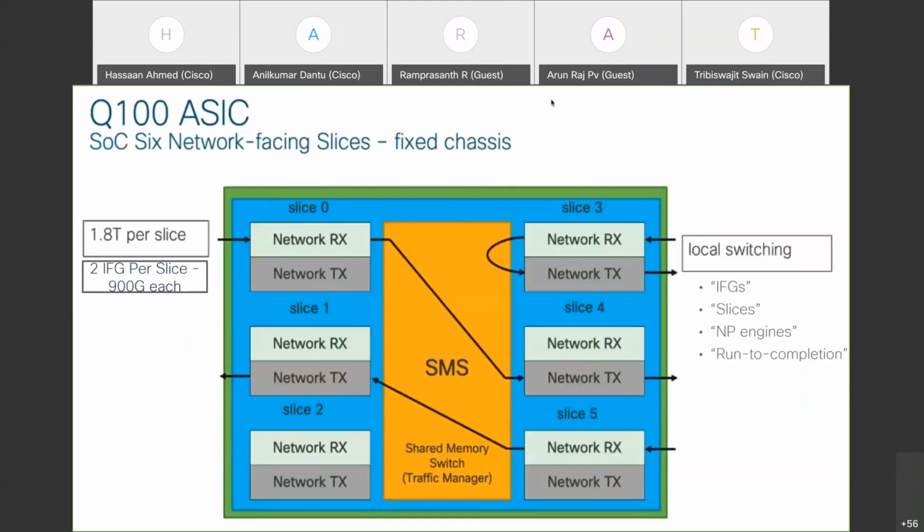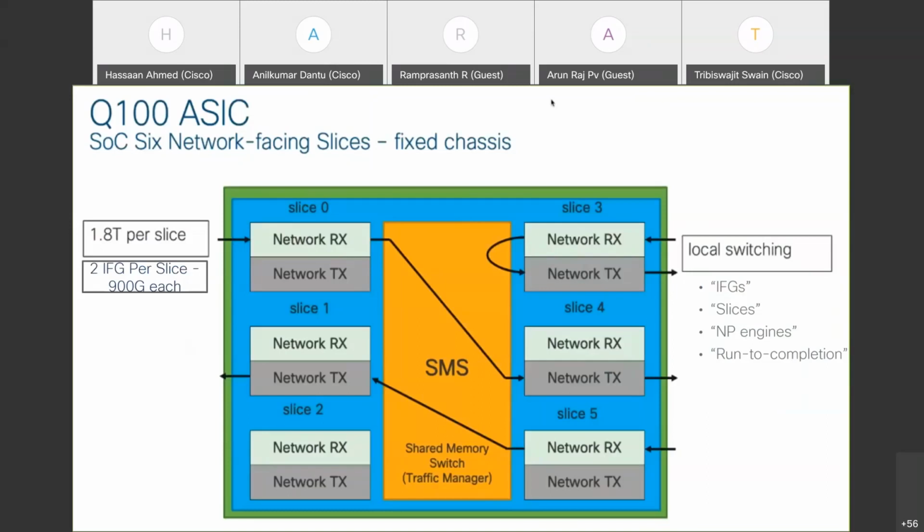So coming to one important point with regard to the ASIC. This is an ASIC diagram with regard to system on a chip. Okay, so typically on your fixed systems, you will have a single NPU. And this is an internal diagram of the NPU, where the single NPU is actually divided into 6 slices.